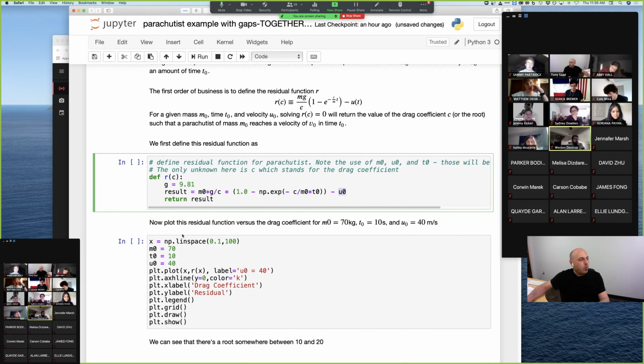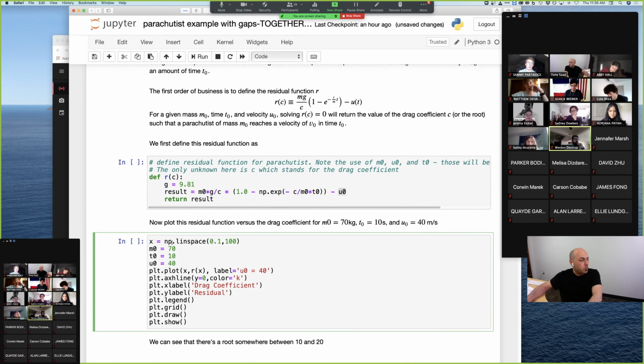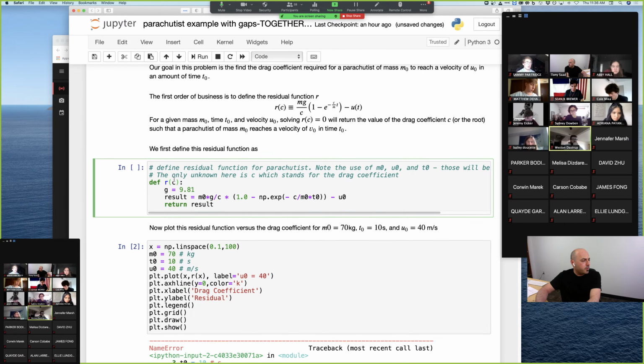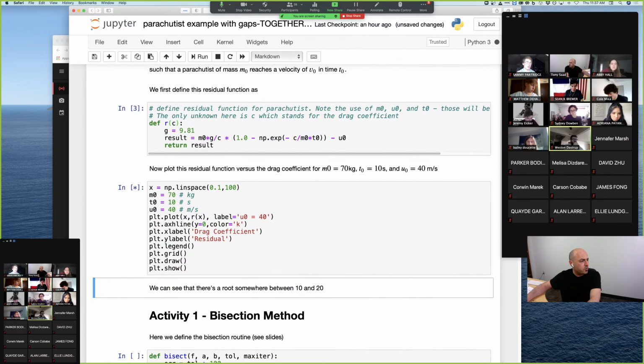Okay. So first thing I want to do is plot this residual function, and I create a linspace from 0.1 to 100. And here's what I defined: m0, the mass, 70 kilograms, t0, 10 seconds, and u0, 40 meters per second. And when you run this cell, it's going to throw an error because we haven't defined the residual function.